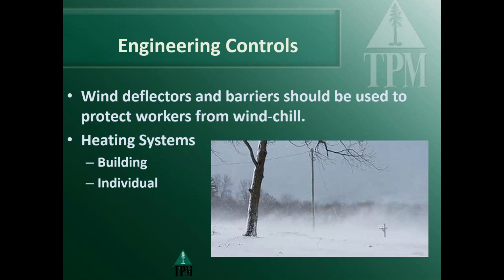And so the thermometer on the wall may say it's 36, but with the wind chill, it's negative 26. So I'm a big fan of those wind deflectors and barriers, because we want to minimize as much air movement as we can, especially if we're using heaters. Because if there's a ton of air movement, then that heater's not doing anything more than heating the air directly in front of it.